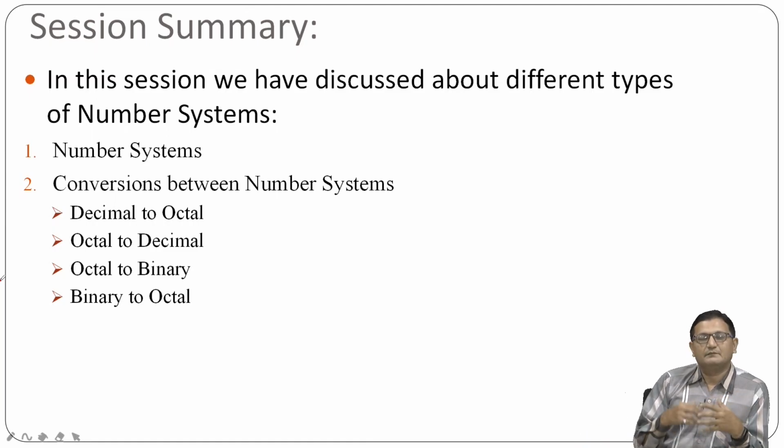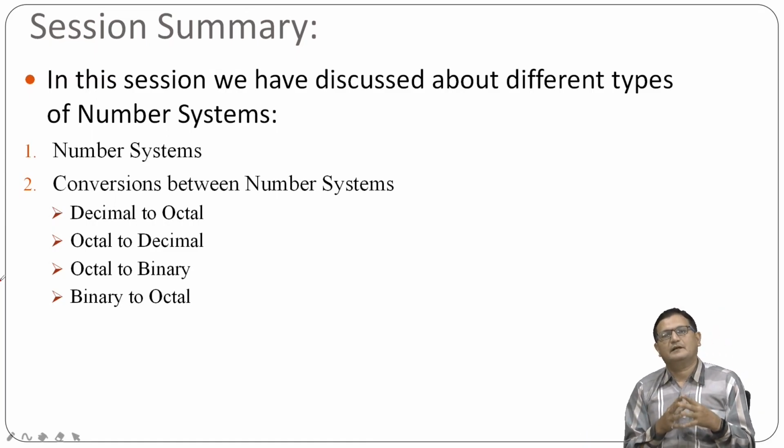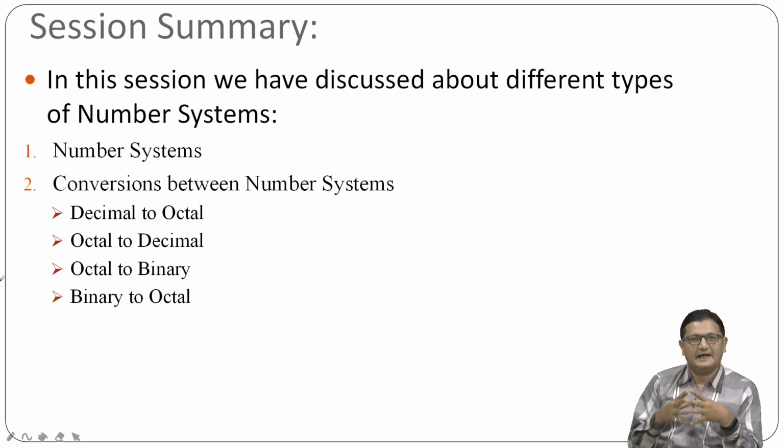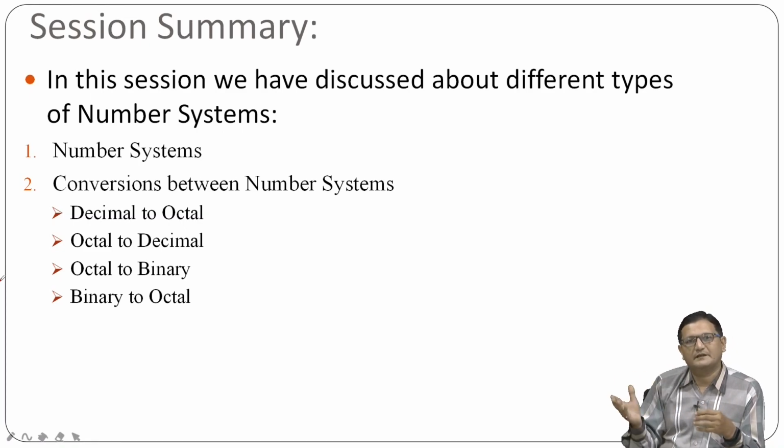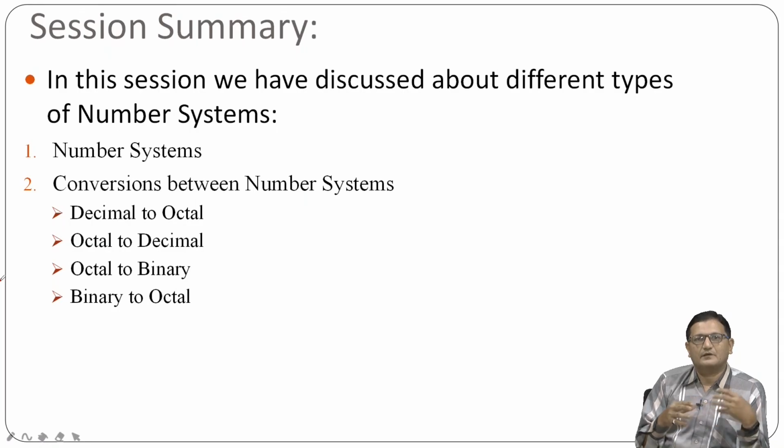Fine. There is one more numbering system, which is called the hexadecimal number system. We will discuss more on the hexadecimal number system and how it can be converted into decimal, binary or octal number, right, in the next video.